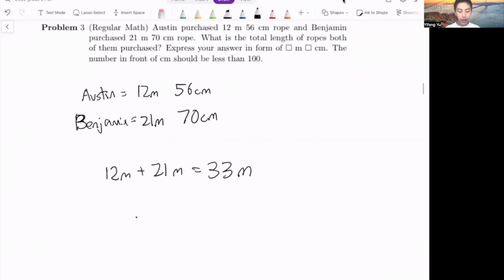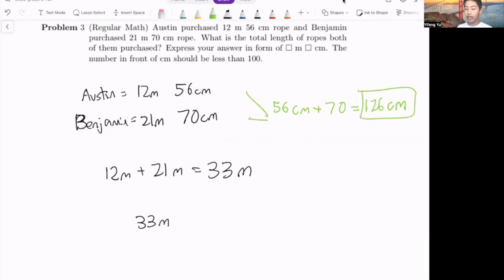So in total, we know that they have 33 meters. And then we also see that 56 centimeters plus 70 centimeters would give us 126 centimeters. So in total, they have another additional 126 centimeters.